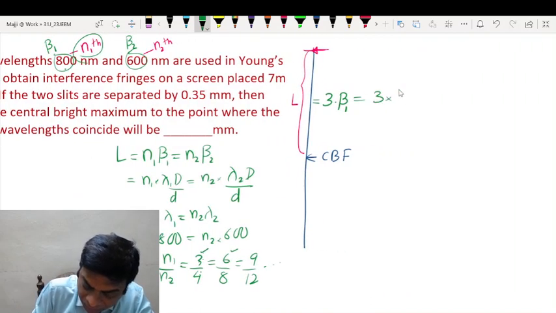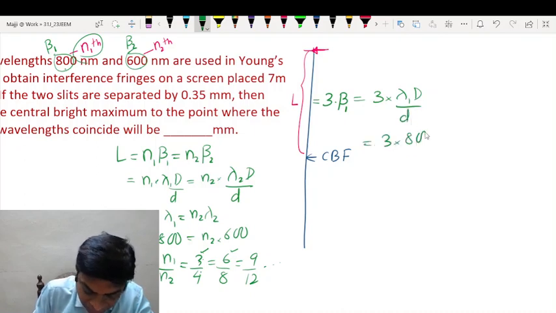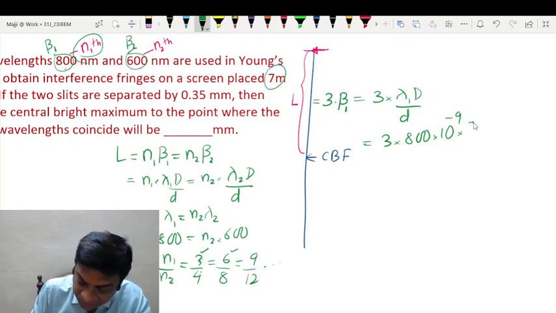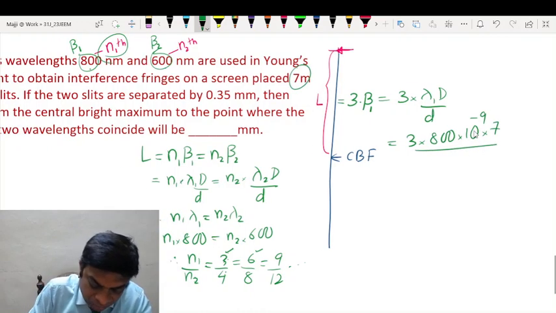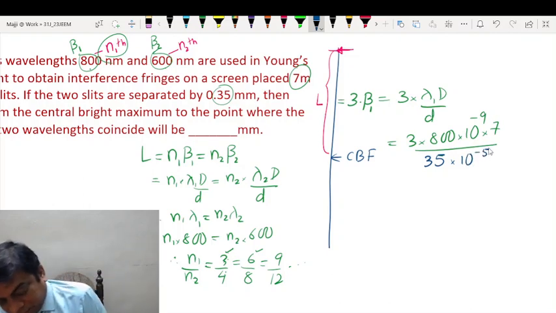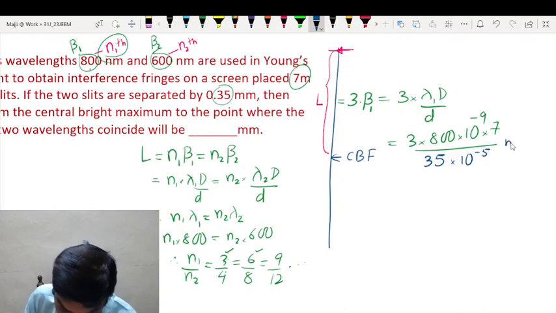So beta 1 is lambda 1 capital D by small d. Lambda 1 is 800 nanometer. Nano means 10 power minus 9. Capital D is 7 meters. I am proceeding in SI units. Small d is 0.35 mm, which can be written as 35 into 10 to the power minus 5. So this much meter should be the answer.